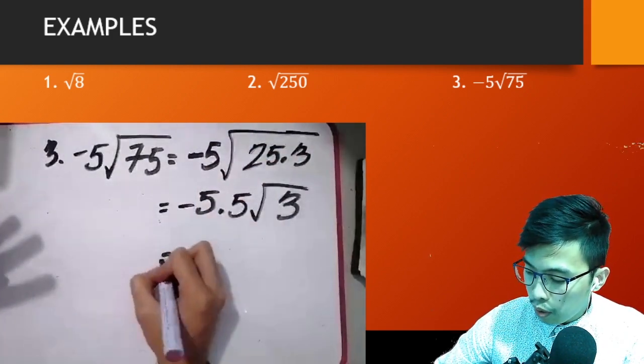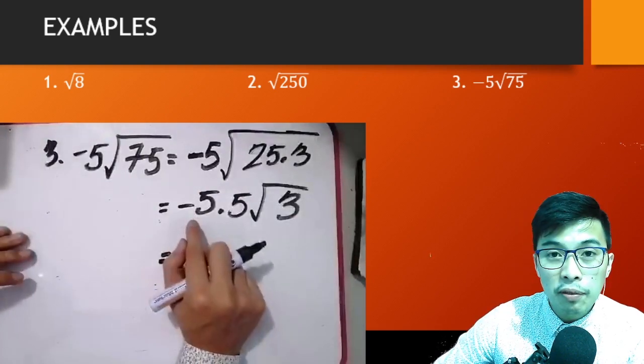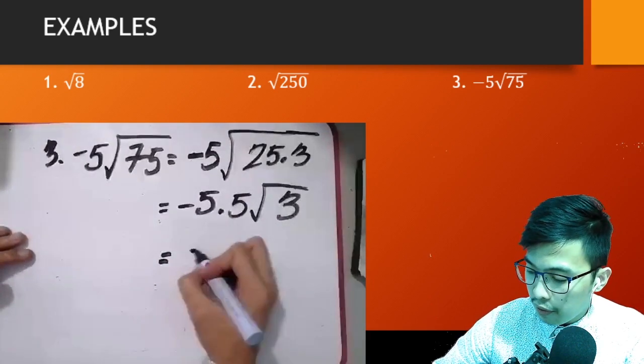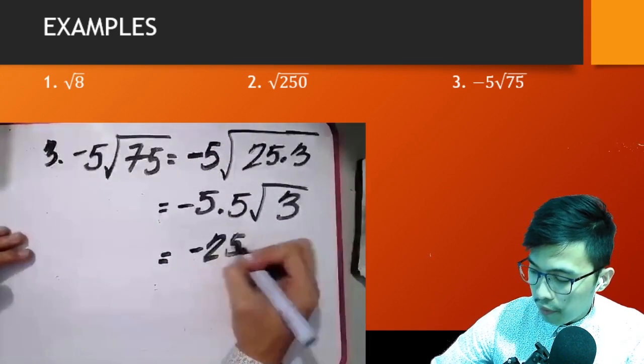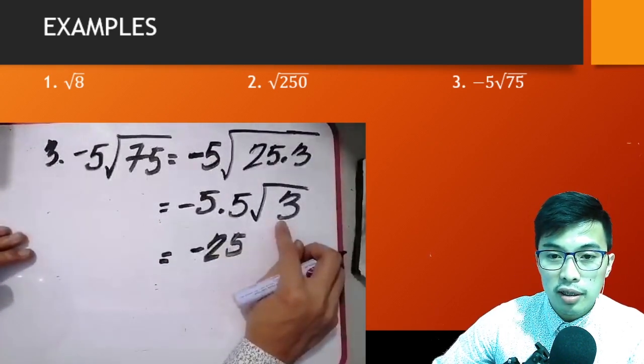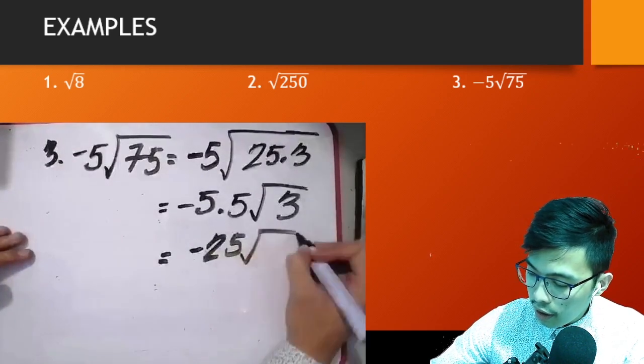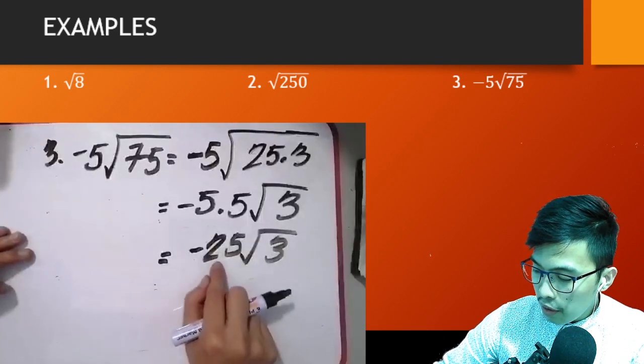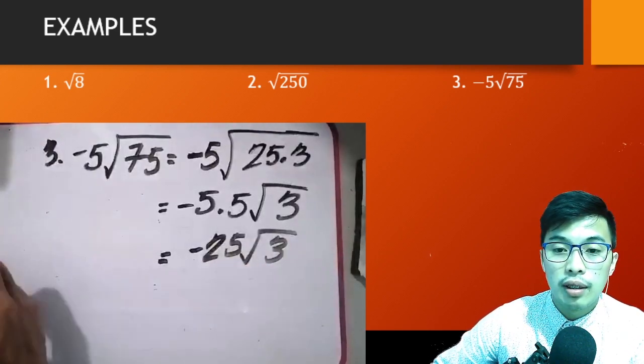Alright, so going on. So we simplify this. Negative 5 times 5, that is equivalent to negative 25. Okay? This is already simplified. Okay, so how do we read this? Negative 25 times the square root of 3.